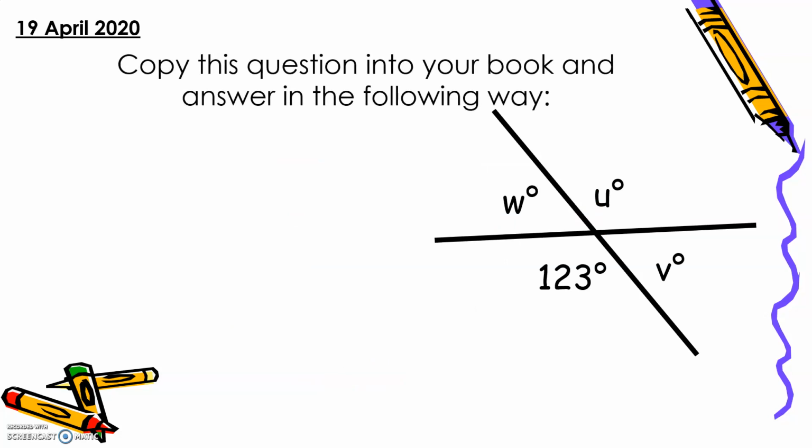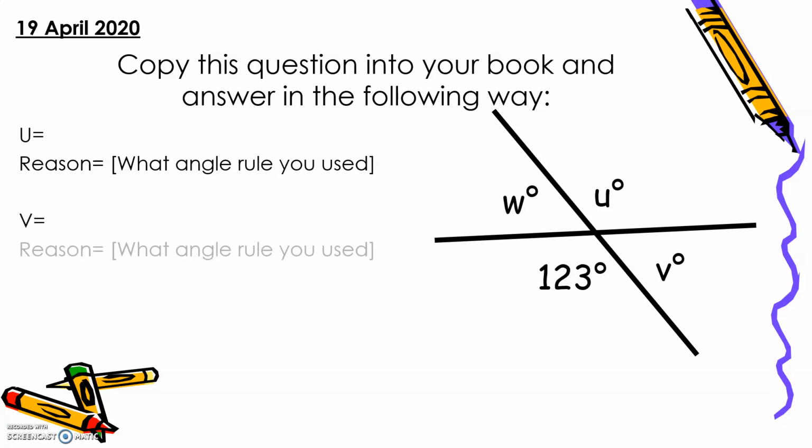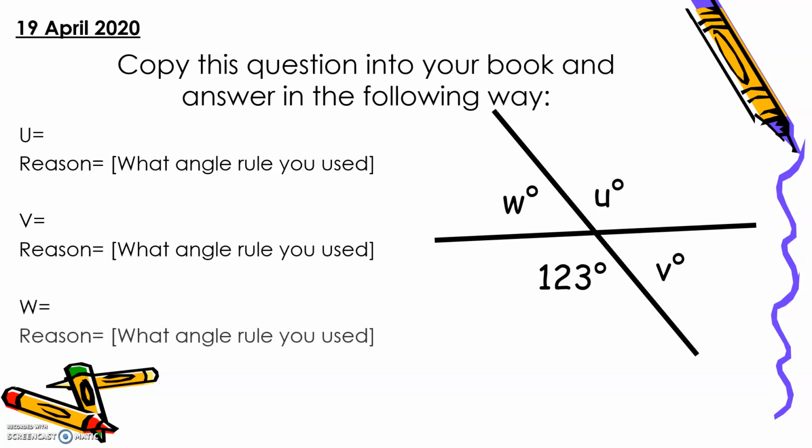Right, I want you to have a go at this question in your book. You need to work out what U is, and then I want you to write what the reason is, V, what that is, and the reason, and then W, and then give your reason as well.